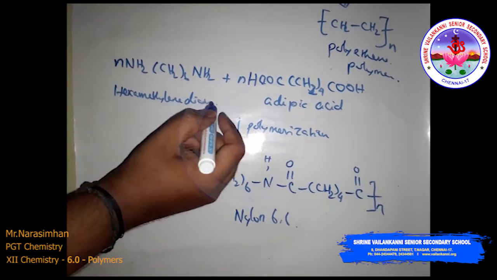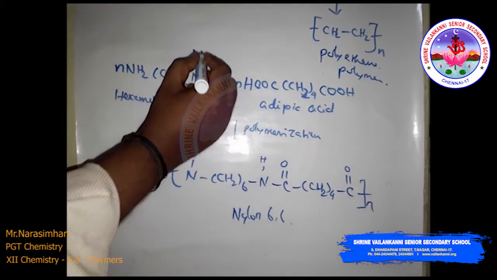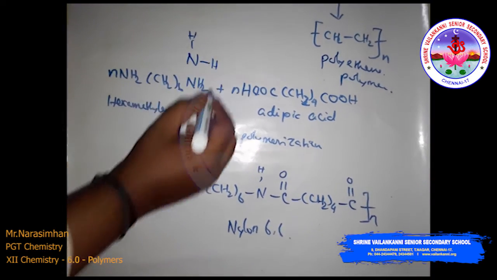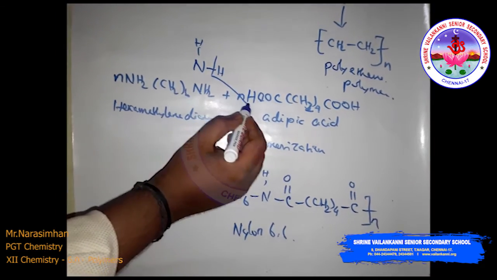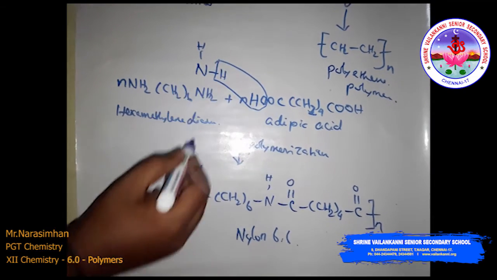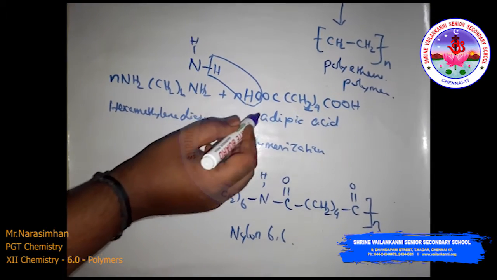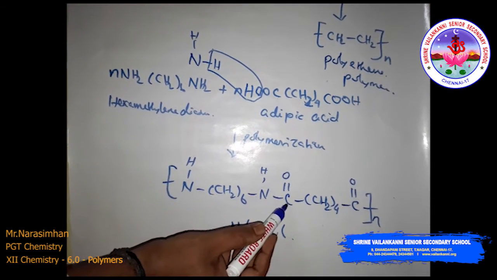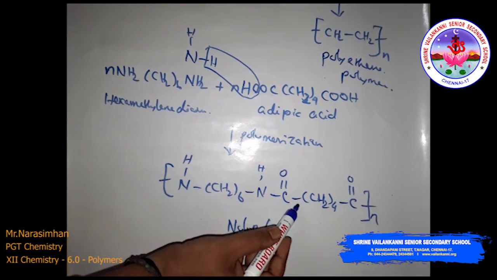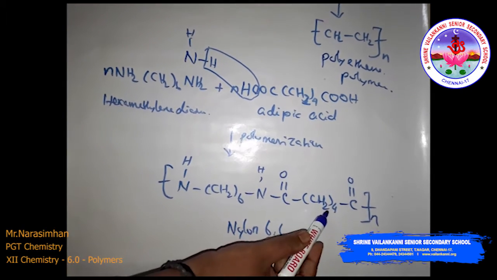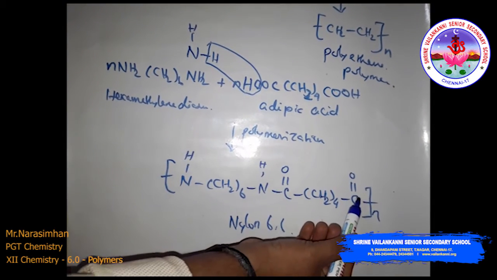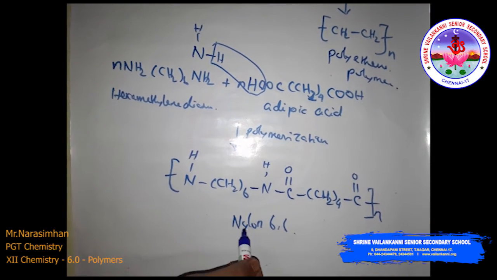So the removal of a water molecule is like this: the OH and the H2, so H2O goes out. The remaining is C=O, (CH2)4, then the next repeating unit. So like this, nylon 6,6.